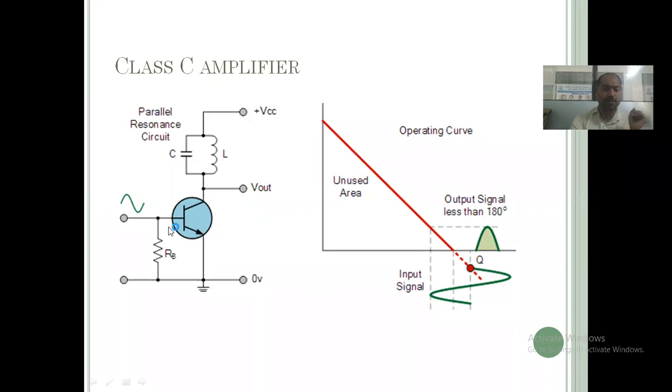So this should be biased or worked in such a way that it works less than 180, right? So whatever output is coming is less than 180. तर याच्यासाठी तुमचा ऑपरेटिंग एरिया जो आहे ना, तो क्यू पॉइंटच्या बिलो असतो. त्यामुळे फक्त लेस दॅन 180 तुमचे सिग्नल आउटपुट येते.